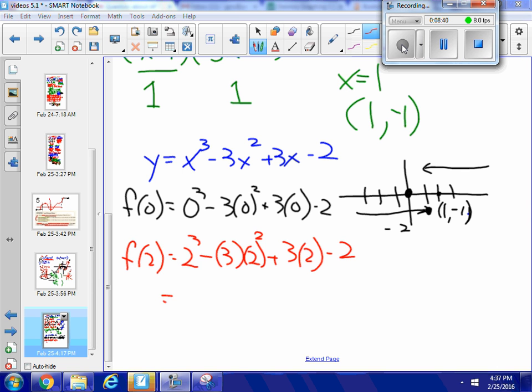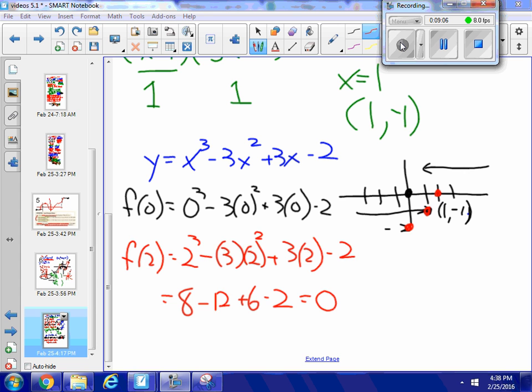So that's equal to 8 minus 12, plus 6 minus 2, which is equal to 0. So this is my critical point. I have a point (0, -2), and I have a point (2, 0).